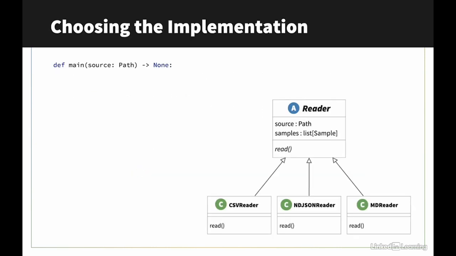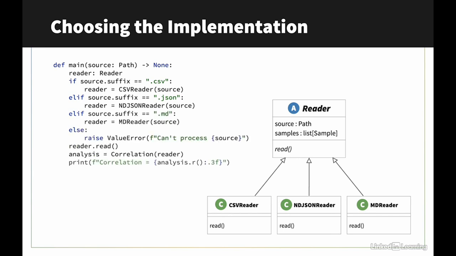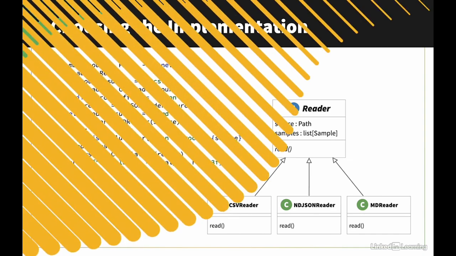The idea behind this design pattern is to create a reader object built from one of the subclasses of the abstract reader class, and the choice of which of the available subclasses can be based on, for example, command line arguments, or a configuration file, or, as shown here, the suffix of the path. When we're strict about Liskov substitution, this kind of design works out very, very nicely.